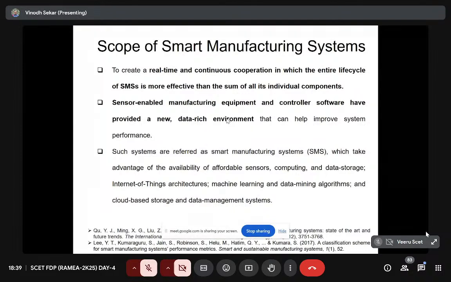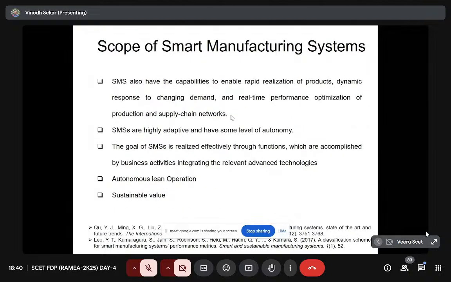So a cluster of small scale industries can come together and try to develop the technological infrastructure, where they go for sharing of technologies. Such cluster based implementation could also accelerate the implementation of smart manufacturing across the industrial establishments, and it helps us in a very big way.